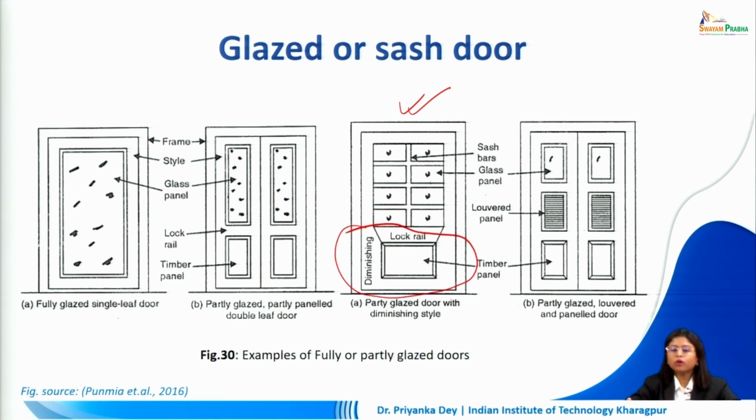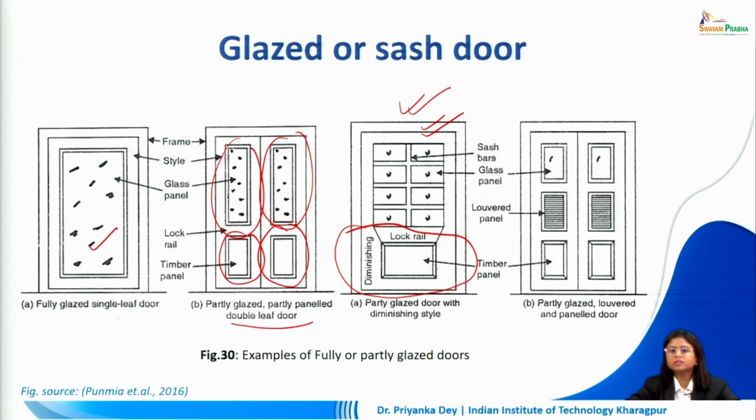We can go for a fully glazed single leaf door. We can have partially glazed, partially panelled doors as well. This we can go for even in the case of a double leaf door, where the upper part has glass and the lower part has panels. This is the diminishing style example.